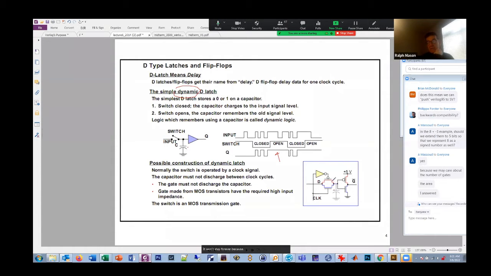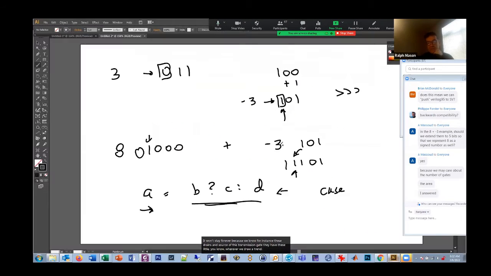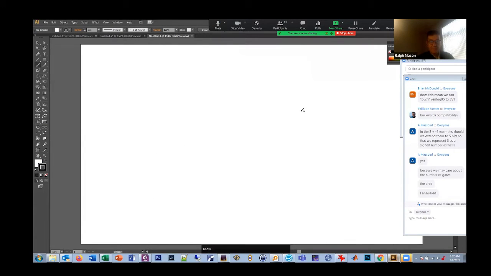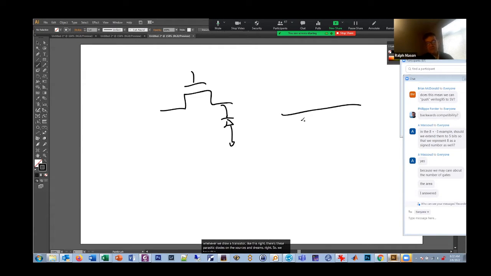We know, for instance, that the drains and sources of this transmission gate, whenever we draw a transistor like this, have these parasitic diodes on the sources and drains, right? So we have this N and here's our capacitor.